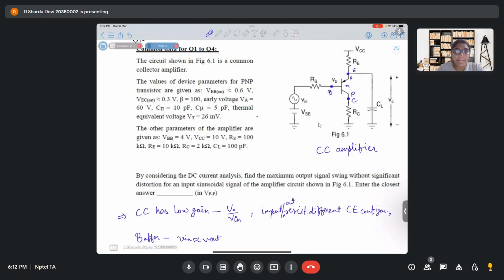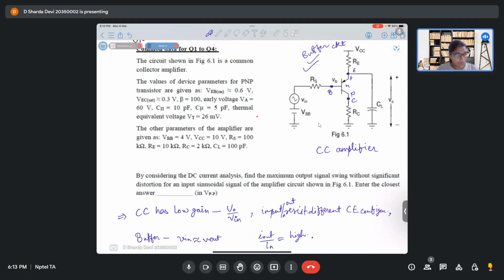Ma'am, current gain will also be low. In the above figure, this is a buffer circuit, so the current gain will be high. So in a buffer circuit, voltage gain is low, current gain is high.